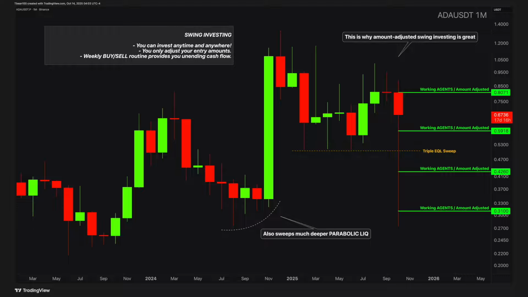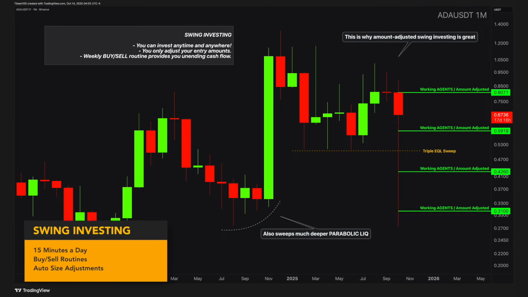We do this keeping a record of every single transaction in a Google Sheet and keep cycling the profits over time. Our daily routine is extremely simple, just about 15 minutes a day to buy or sell. Altogether, it only takes around 1 to 2 hours in a single week.